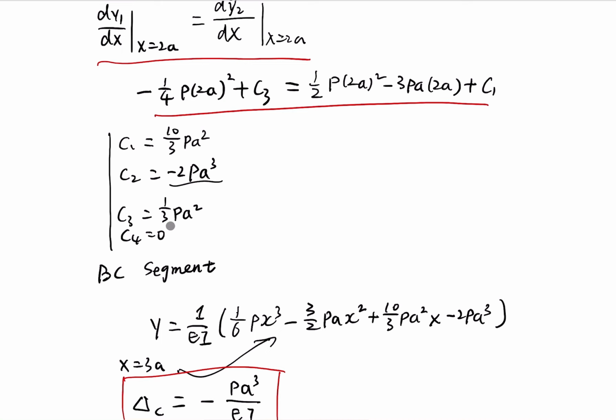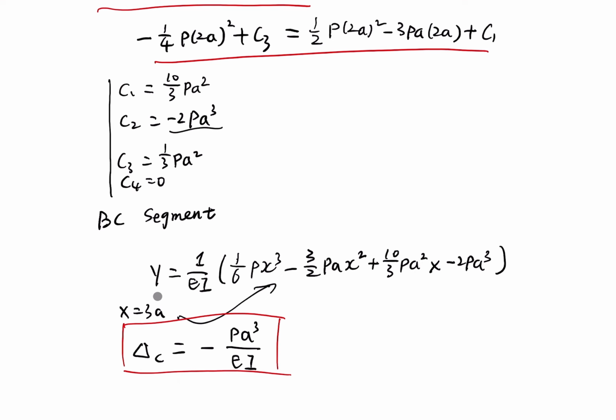Once the constants come out, we can derive the displacement function. Based on this displacement function, we can come out with the displacement at point C, x equal to 3a. After some calculation, I can determine delta c is equal to this value. So that's all.